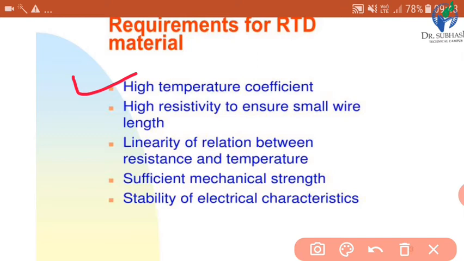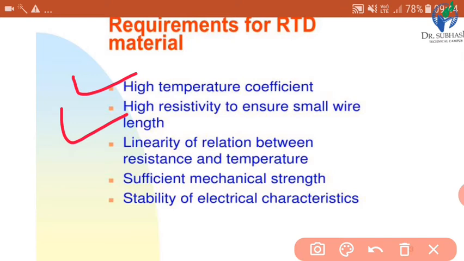It means any change in temperature can be reflected in resistance. If the temperature coefficient is high, then we can accurately measure the temperature. High sensitivity to ensure small wire length is also one requirement.